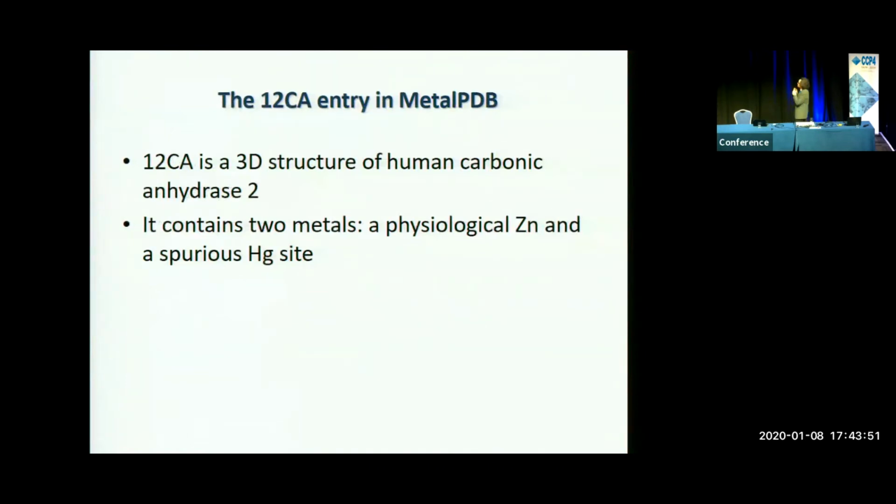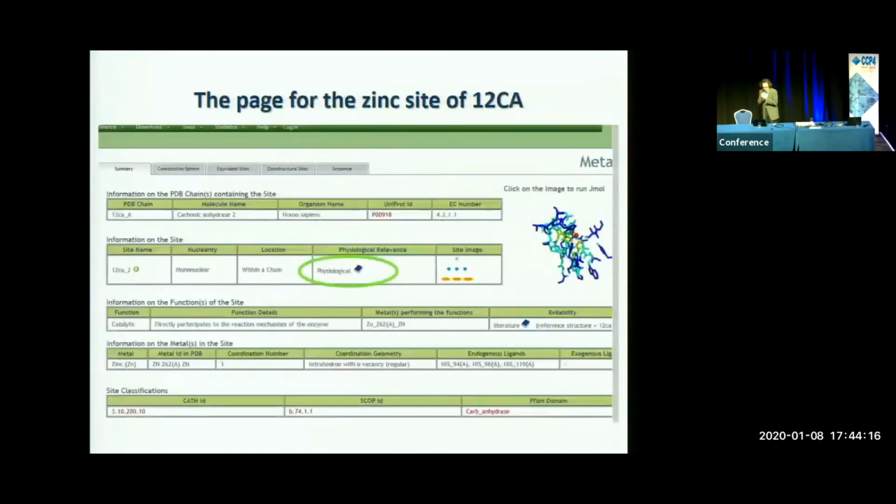So 12CA is the structure of human carbonic anhydrase. It's a very famous zinc enzyme. And this specific structure actually contains two different metal sites that we both cover in the Metal PDB database. One is the physiological zinc site, and the other one is a spurious mercury binding site. So I only have the physiological one as an example, and there are some features that we extract from the database: the domain composition, the amino acids that are coordinating the metal ion.